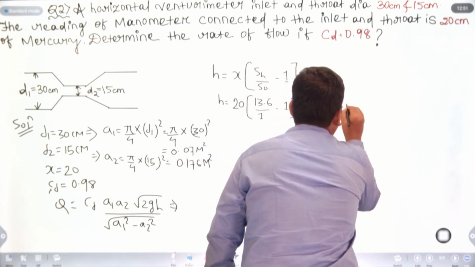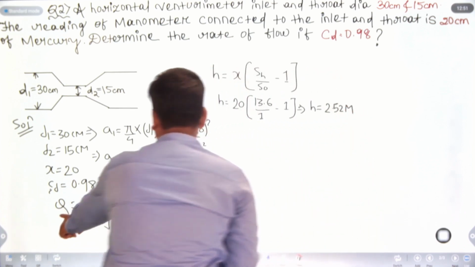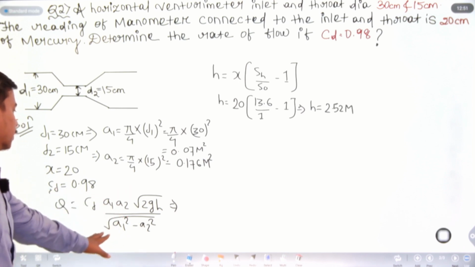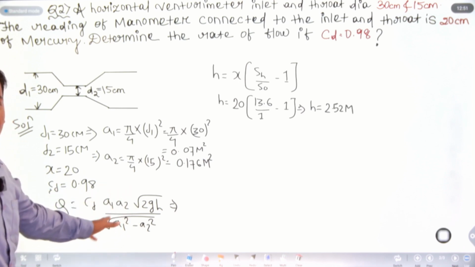2.52 meter. Now Q is equal to Cd A1 A2 root over of 2gH divided by A1 square minus A2 square.